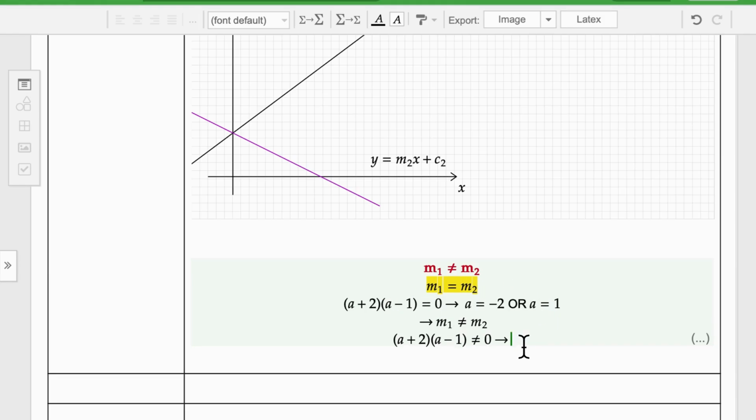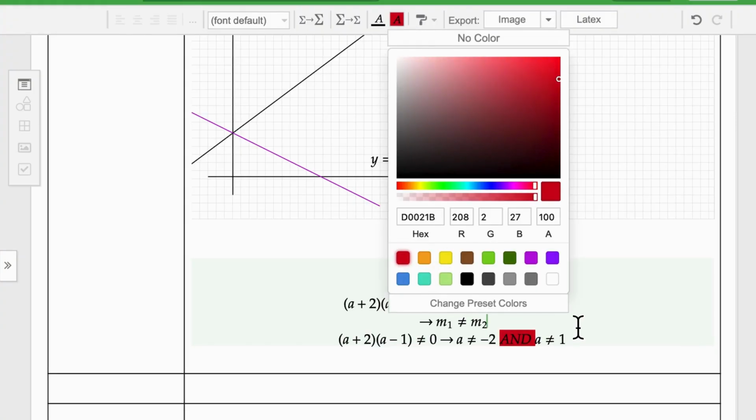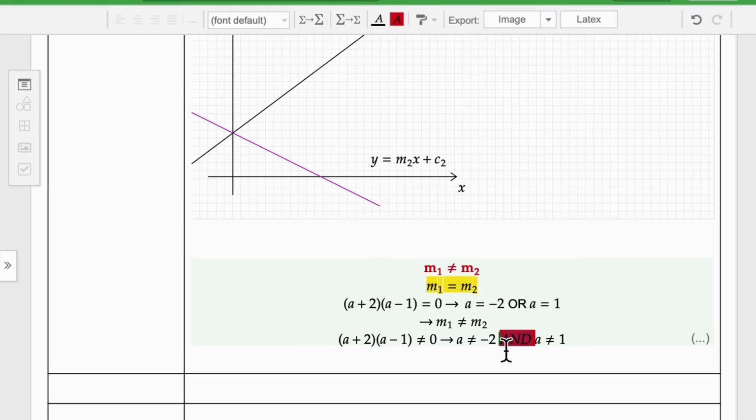So you will select A that is not -2 and A that is not 1. The keyword here is actually the "and". Why? Because the number that you select must not be -2 and also must not be 1.